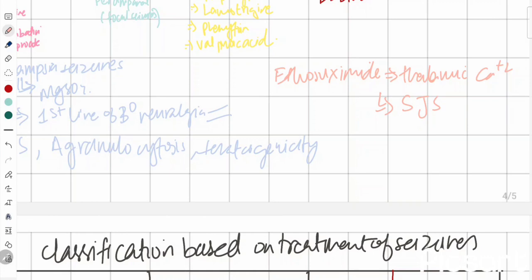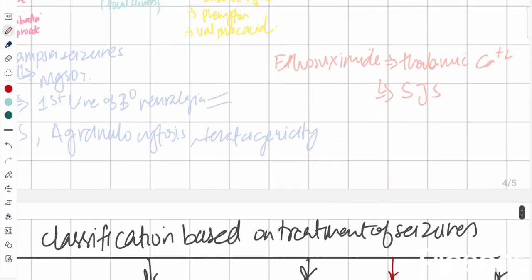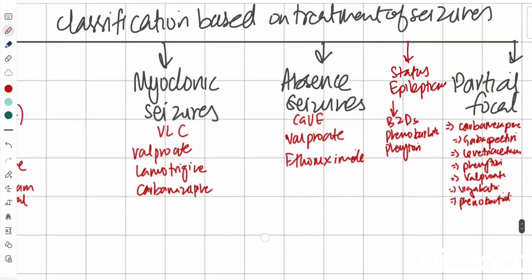Then we have gabapentin. Gabapentin acts on both calcium channels and as a GABA analog. So it does both. It blocks calcium channels and also activates GABA.